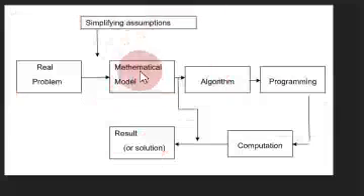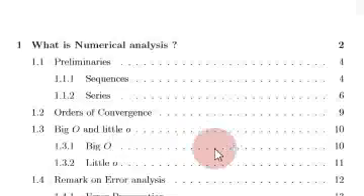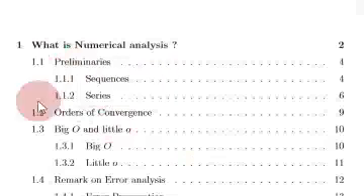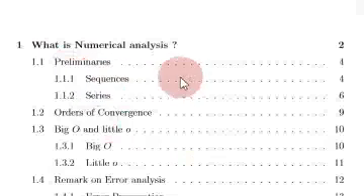In my next video, let's see the subject content. So this is the content. In the first week, I think you will learn sequences and series and the order of convergence, and how fast that series and sequence converges to its limit, right?